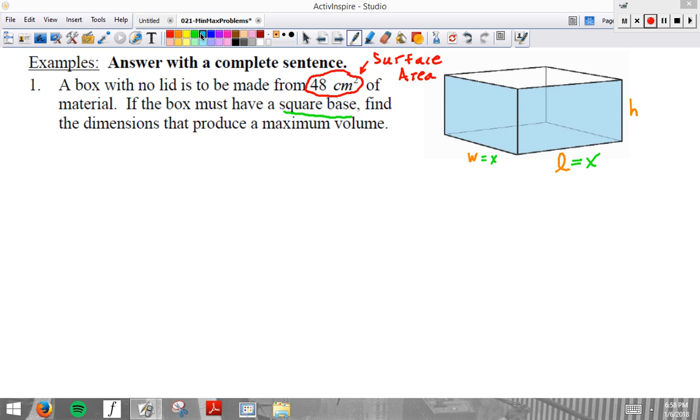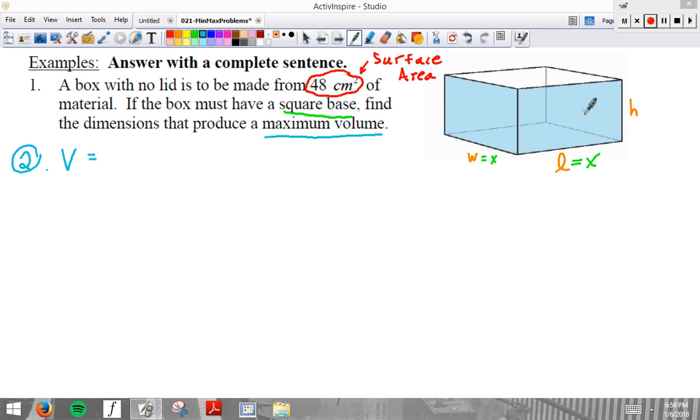So now we're finally going to write our primary equation. This is technically step 2. We're trying to maximize the volume. So what would the volume of a box that looks like this be? Well, the volume of this box would be length, x, times the width, x, times the height, h.